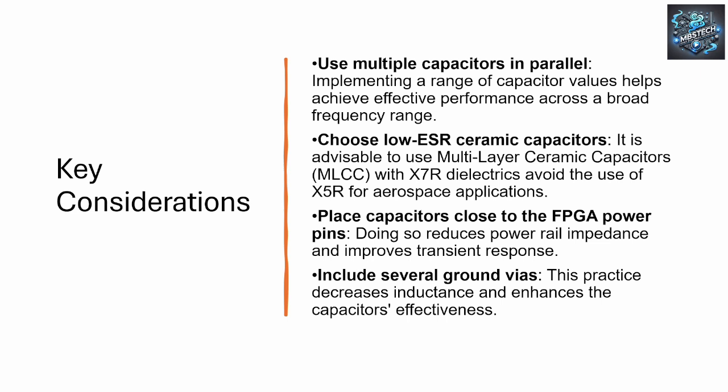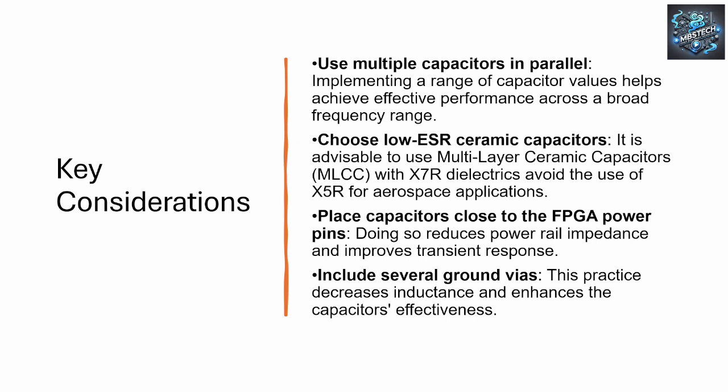Place the capacitors close to the FPGA power pins. Doing so reduces power rail impedance and improves the transient response. If you can, get them close to your vias underneath your BGA. Do what you can to get those chips next to the point of load where the transient current needs to be. Include several ground vias. Now, this is a bit controversial.